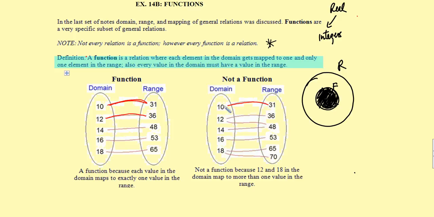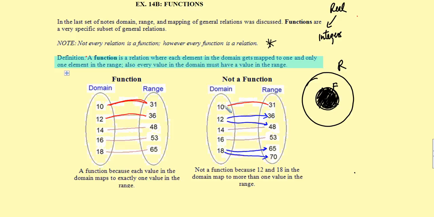There's only one value of x taking us to one value of y. But 12 goes to the number 36, and it's also going to the number 48. And the same thing is occurring with 18: 18 goes to the number 65, but it also goes to the number 70.